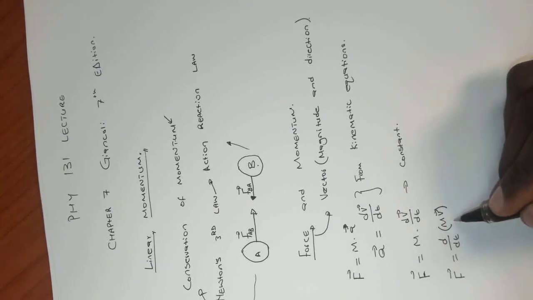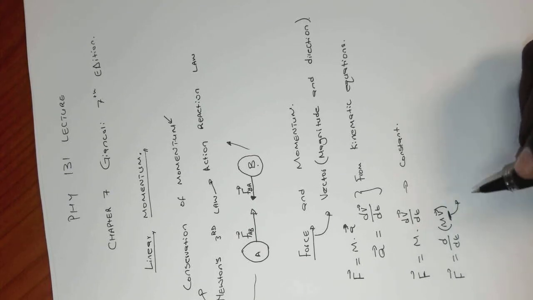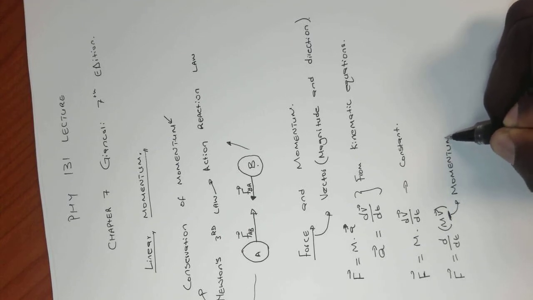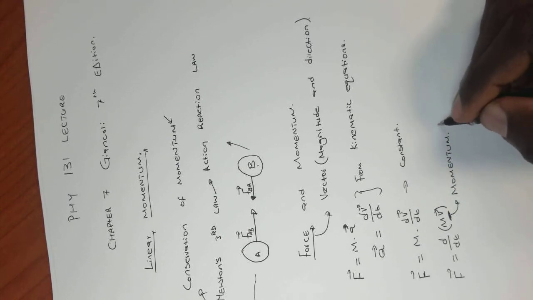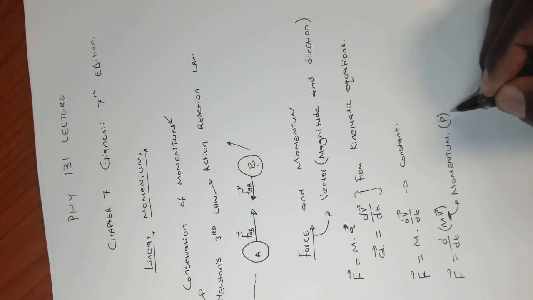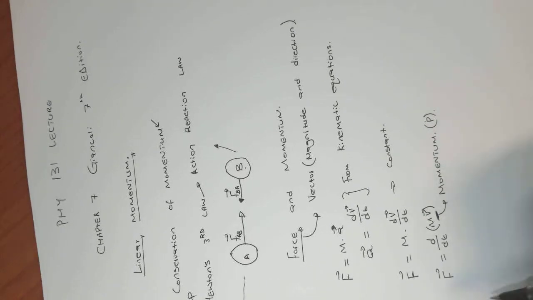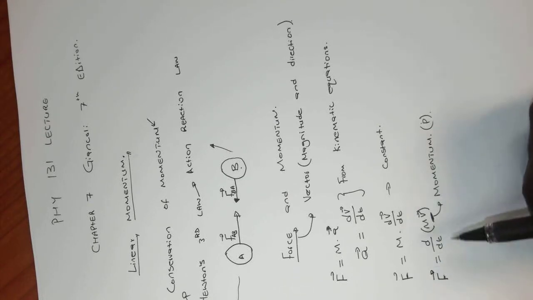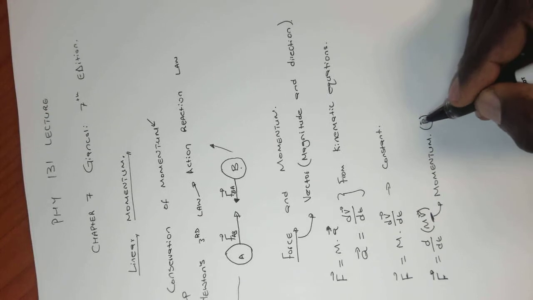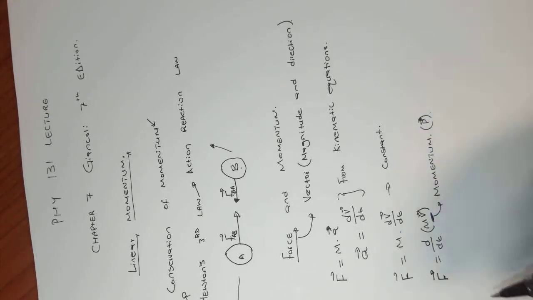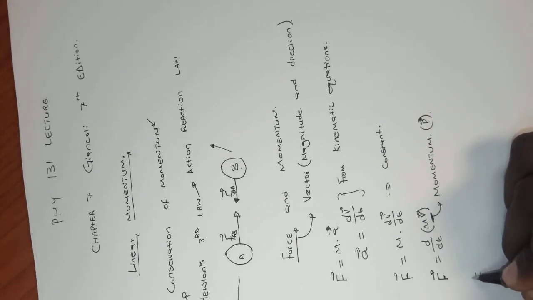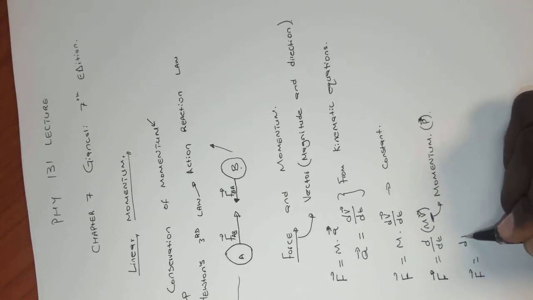There is a new concept here, and we call it the momentum. This momentum will be given the letter P. If F is a vector, then the momentum also needs to be a vector, since the equal sign means they are equal. So this can be rewritten as dp over dt.